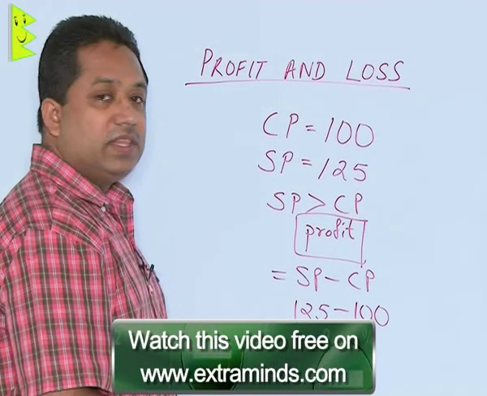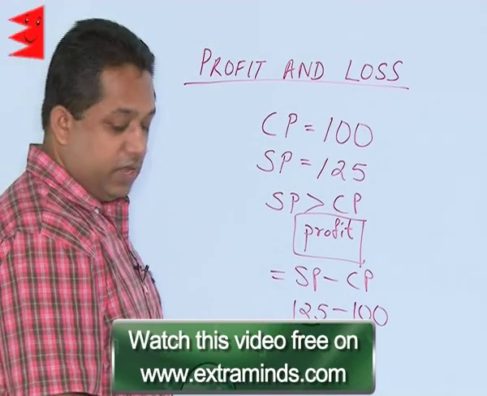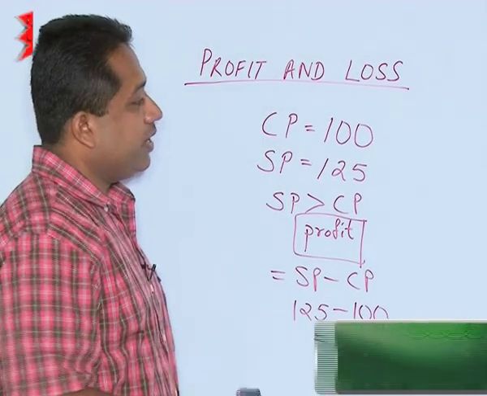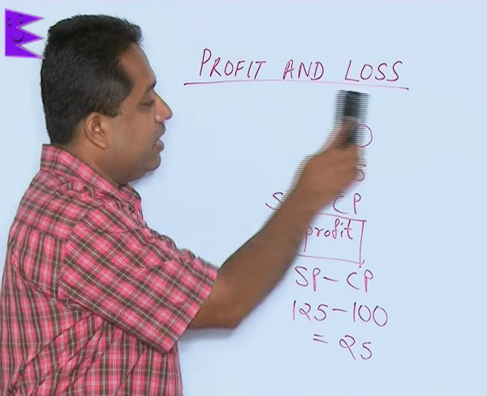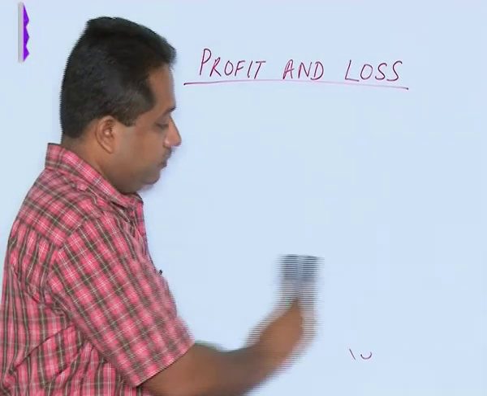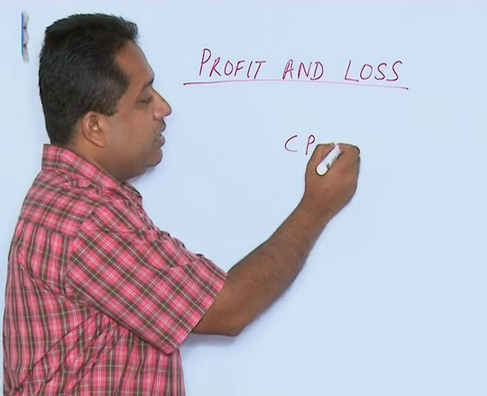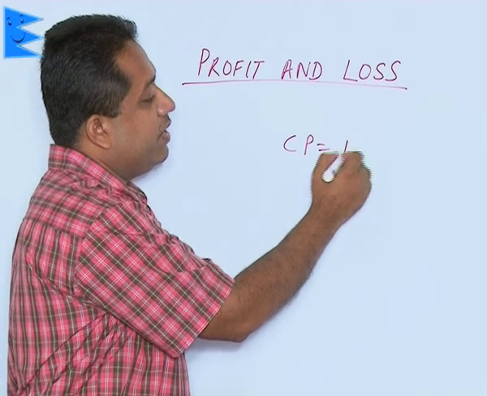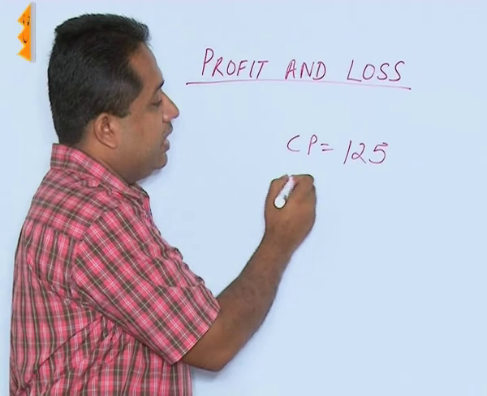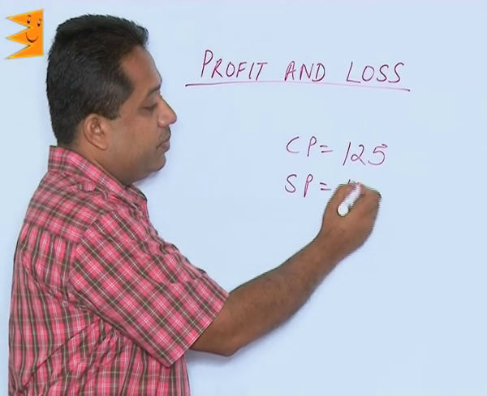Now what happens when the reverse occurs? That means if the cost price was 125 and the selling price is 100. Let's consider the reverse case. He is buying it for 125 rupees and he is selling it for 100 rupees.